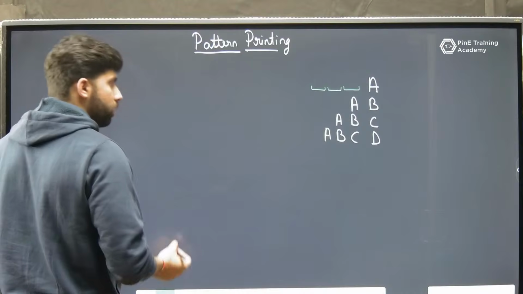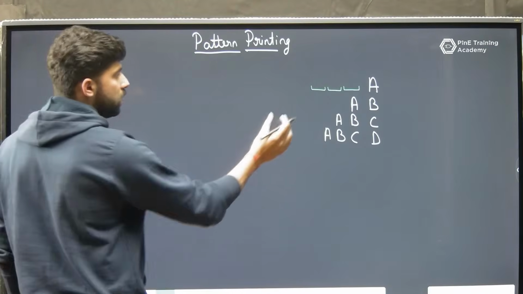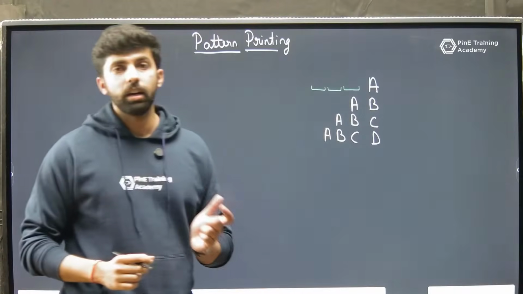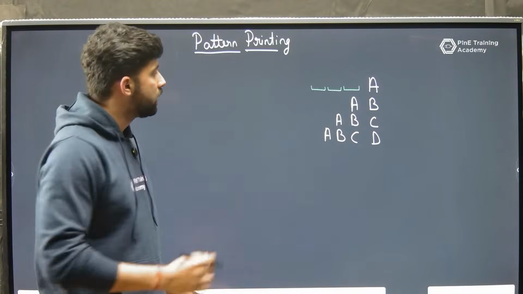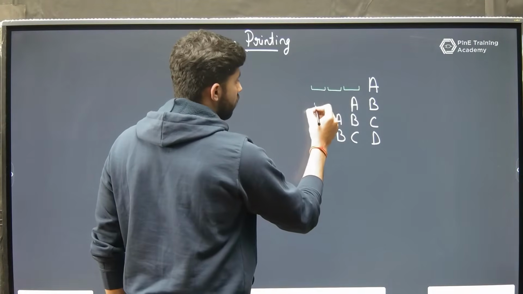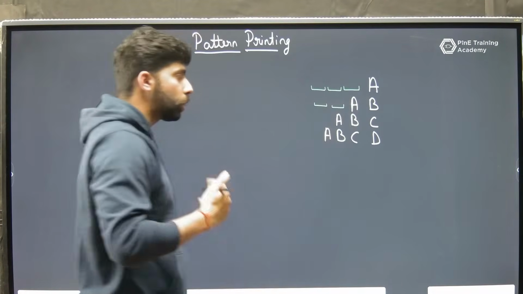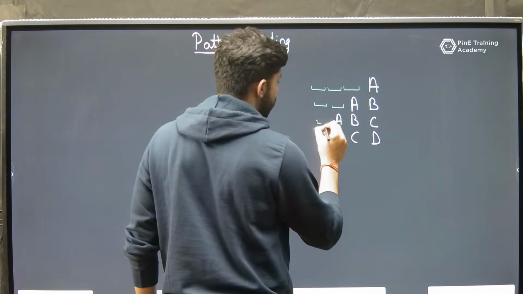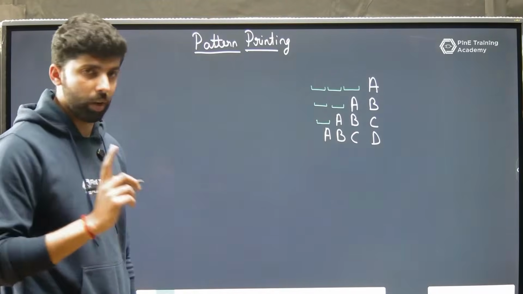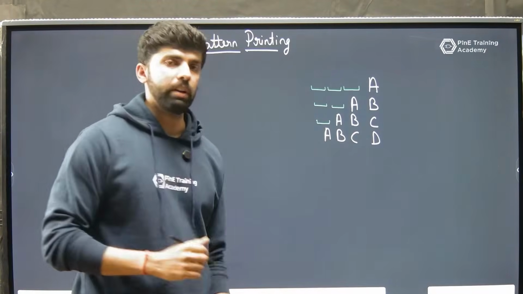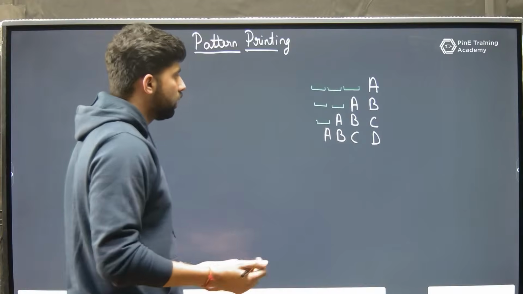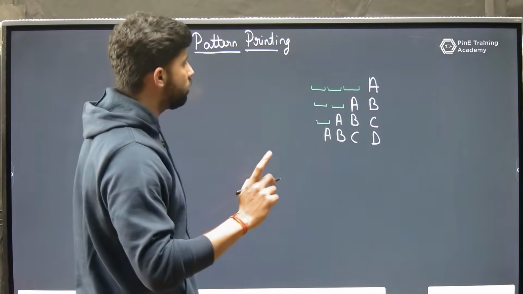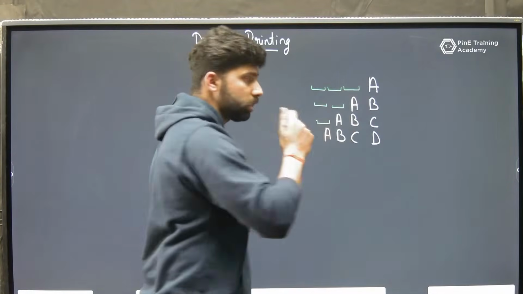Okay, so you can see that first we have 3 spaces and then we have printed our pattern. Similarly, in the next line, we have 2 spaces and then we have printed our line. And in this line we have one space, and in the last line we don't have any space. That means now we need to think about printing spaces as well.